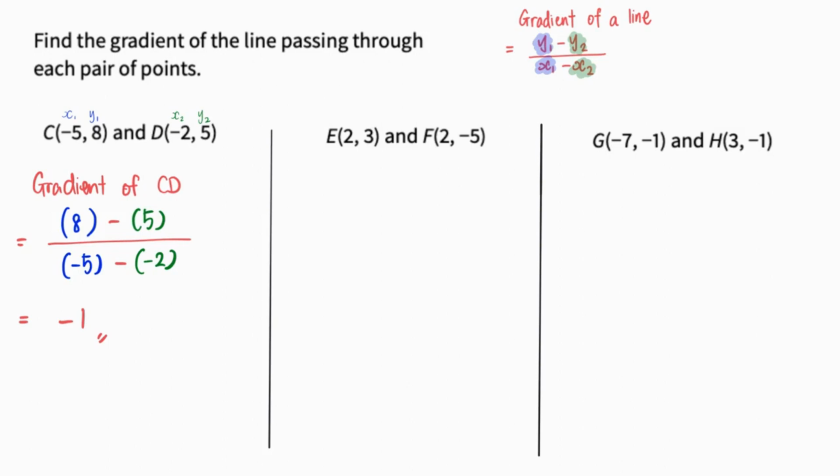So this will be my x1, y1, x2, y2, and therefore the gradient of EF will be equals to my y1, 3, minus my y2, -5.